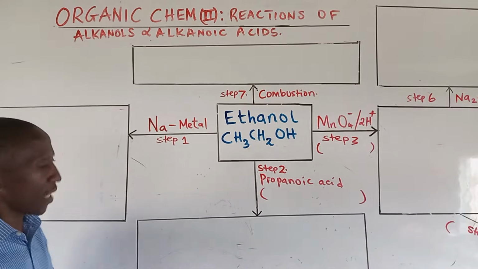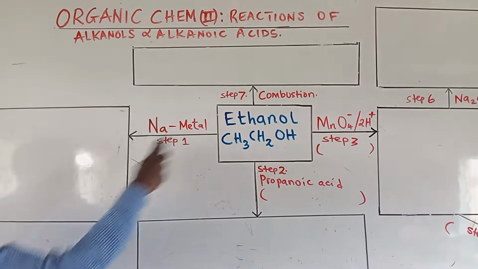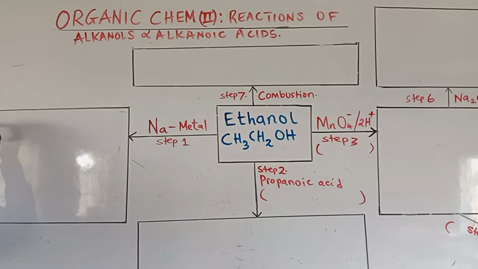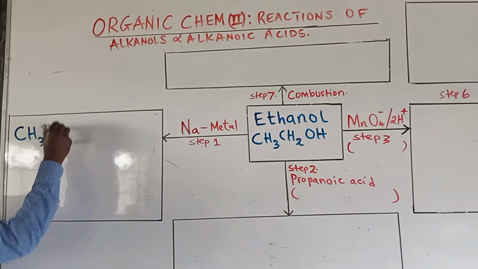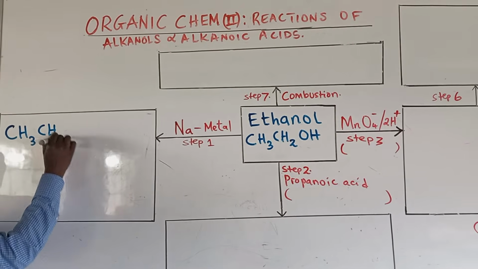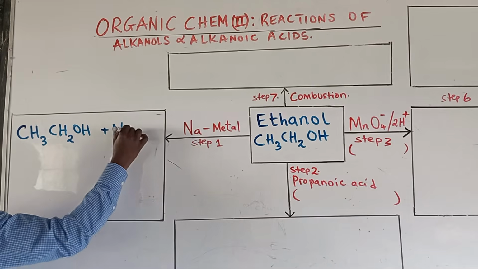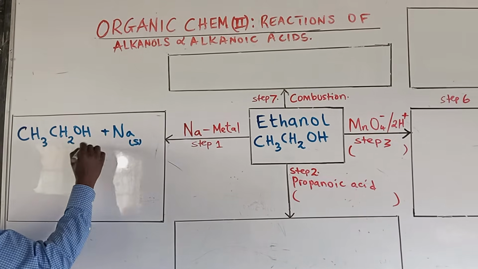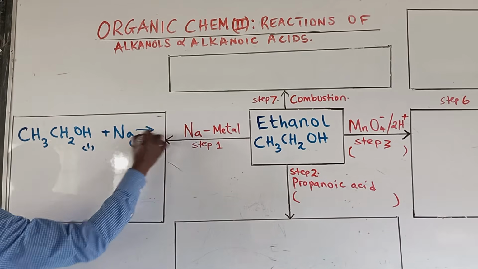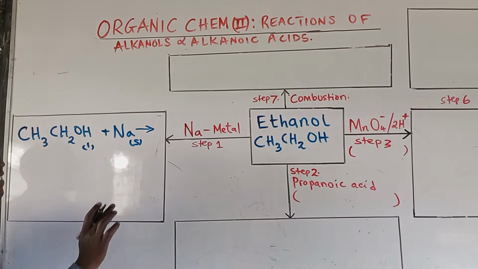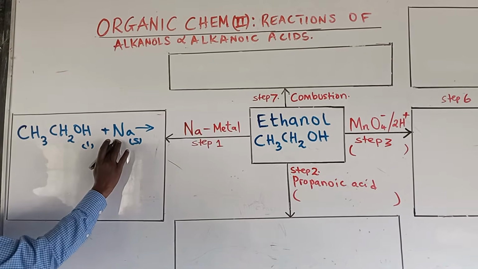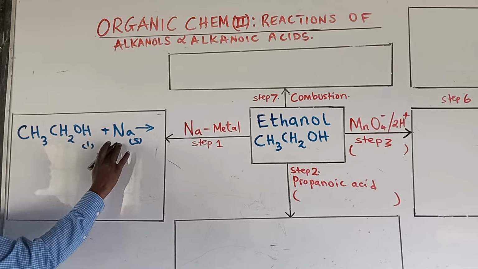So you find that in the reaction of ethanol with sodium, be it solid form, this is liquid form, we are going to see sodium being very reactive, more reactive than hydrogen.